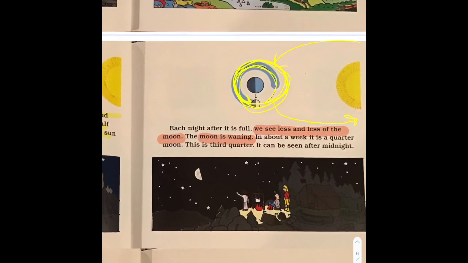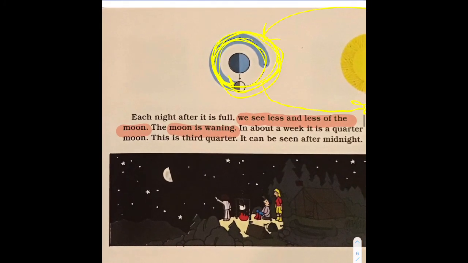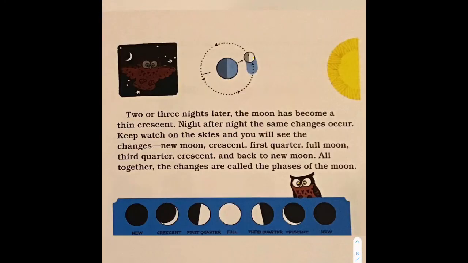And it makes patterns. And if it appears to get bigger, it's called a waxing moon. And if it's getting smaller, it's called a waning moon. Good job. Notice the sunlight and where it's hitting the moon.